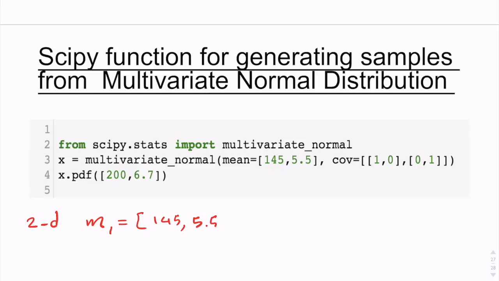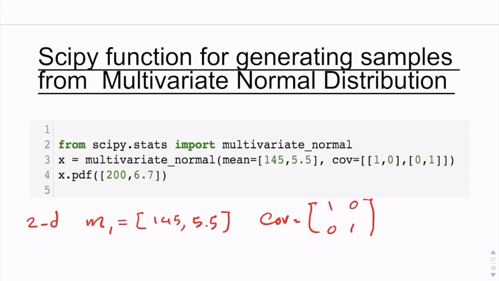Note that here the mean is not a scalar, the mean is two-dimensional. For each attribute, for each feature, we have one mean. And then the covariance matrix is given as 1, 0, 0, 1. This is one particular covariance matrix. That means the features are independent.